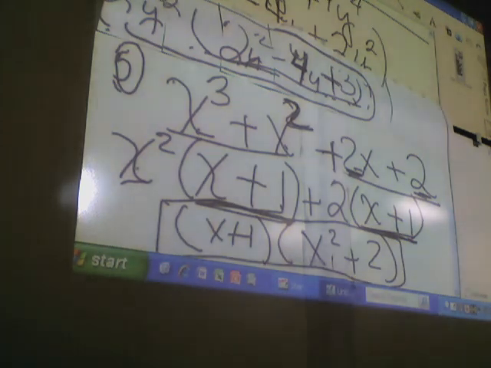And we need to go to a new page. Insert a blank page. And here's our new page. Number 6. X squared minus 5x.